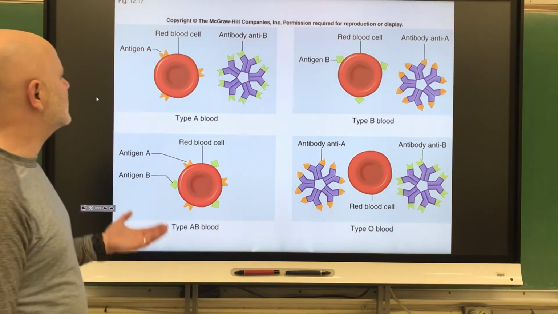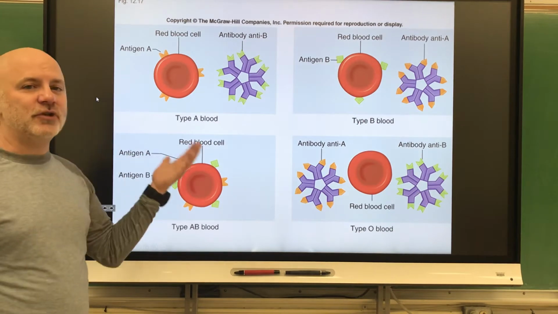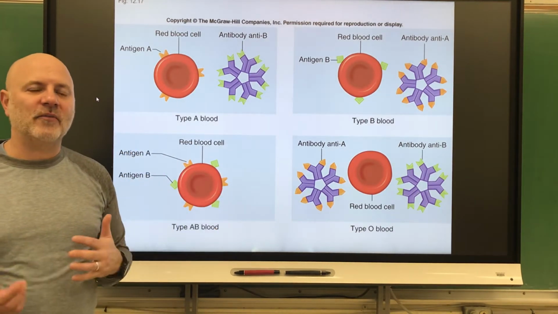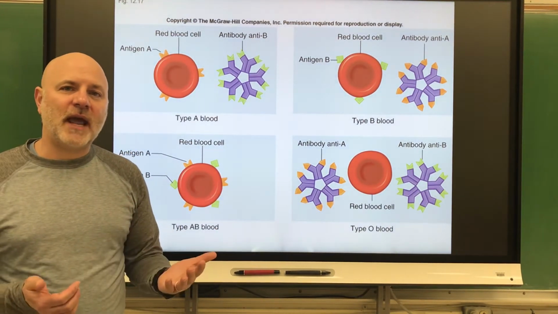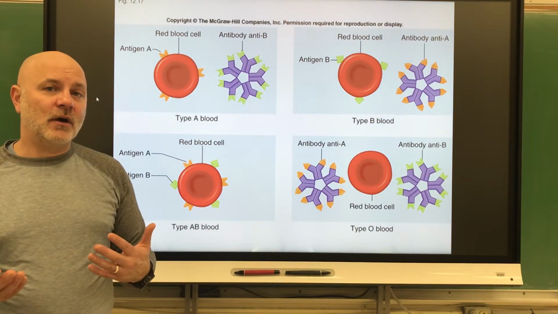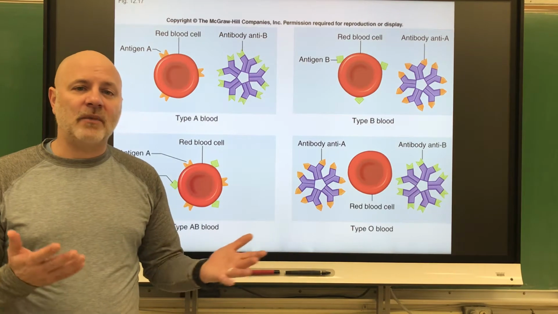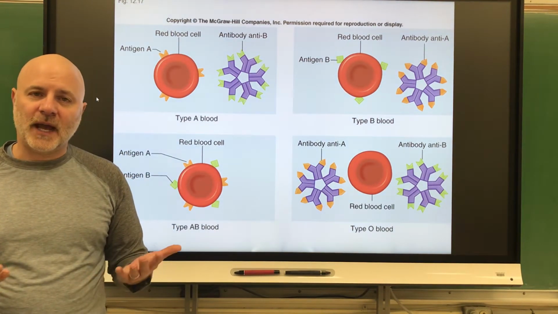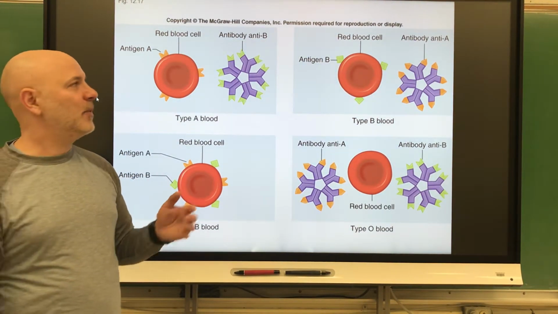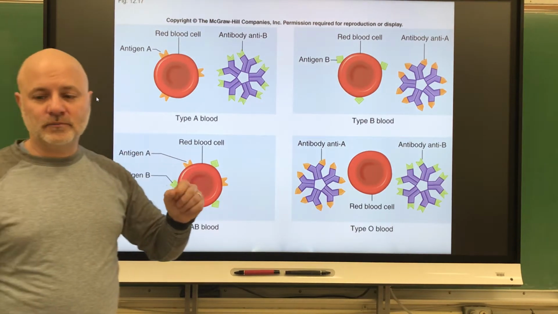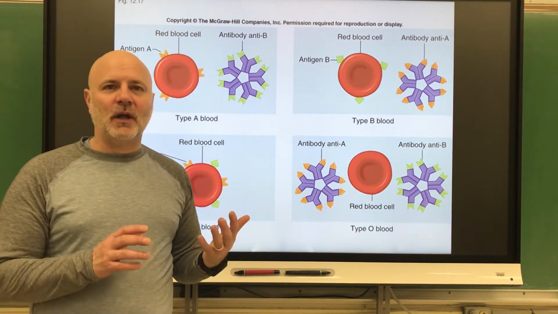So for your genetics to have A blood, you could have 2 genes for A, one from mom, one from dad, or you could have 1 gene for A and 1 gene for O. So let's say you got the A gene from your mom, you got the O gene from your dad, okay? You will exhibit A blood, okay? So this is a case of what we call simple dominance.